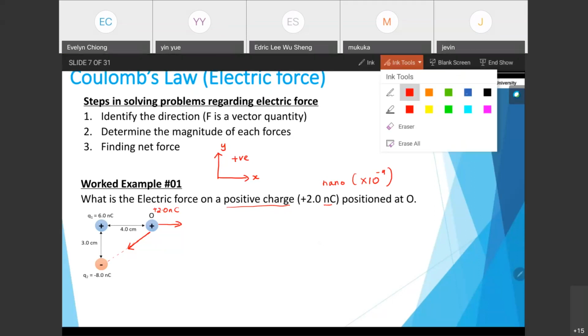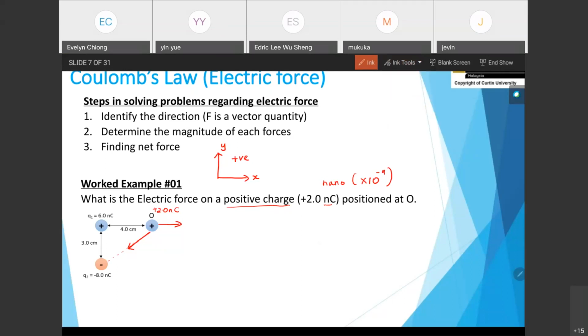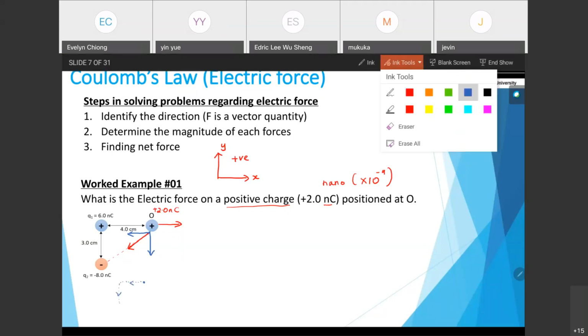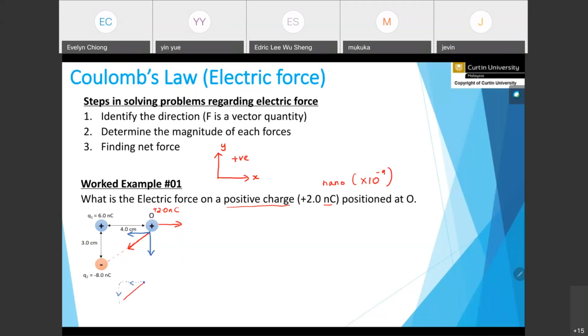So if we need to resolve the vector, I hope you still remember when we resolve, then we will get this. Why do we get this? Because this is head to tail, right? If I go this way, then I go down, then eventually I will still get to this point, correct?